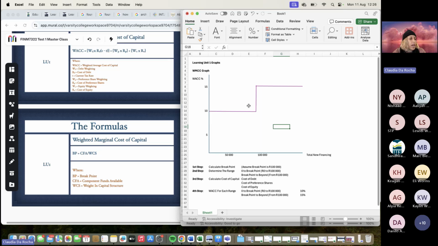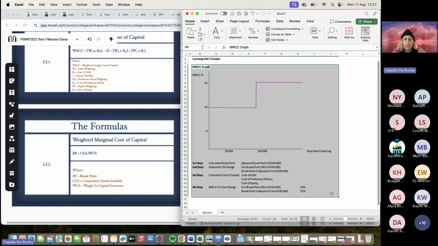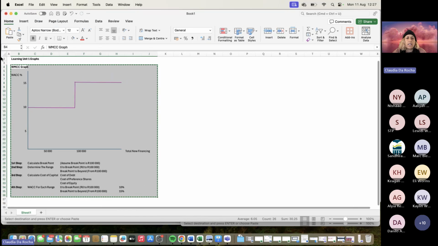The other graph we have is our investment opportunity schedule. Okay. So our investment opportunity schedule, what's different is that we are dealing with the internal rate of return. Okay. So if I just copy this and bring it next to it, and I'm just going to extend this so you can see.